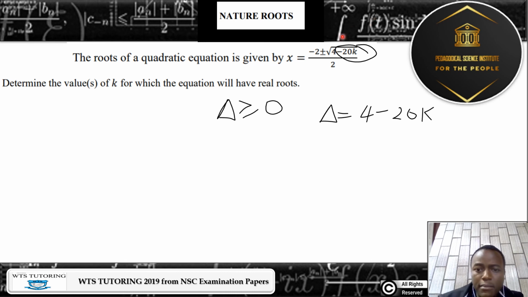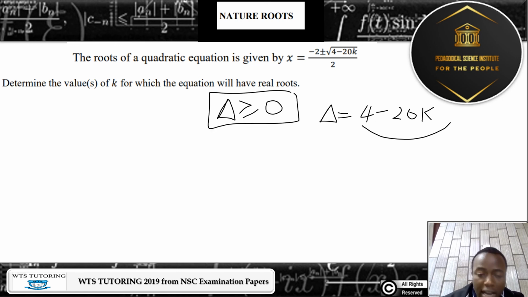Then we can just go and solve for k for which the equation will have real roots. Because my delta is 4 minus 20k, and for real roots this is the condition, I can substitute and solve for k. Simple as that.